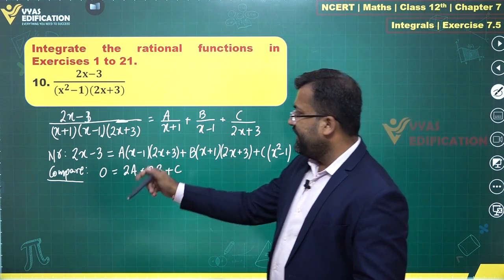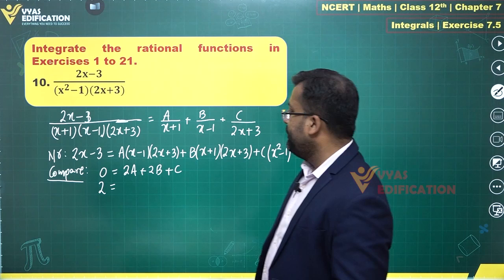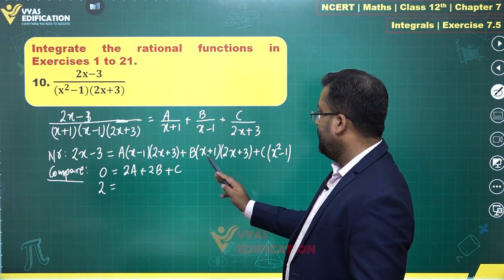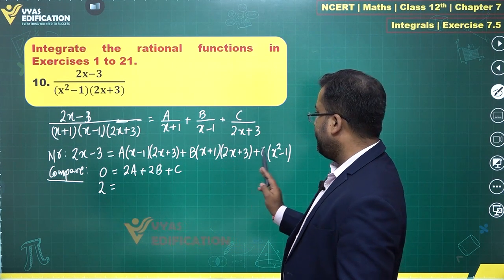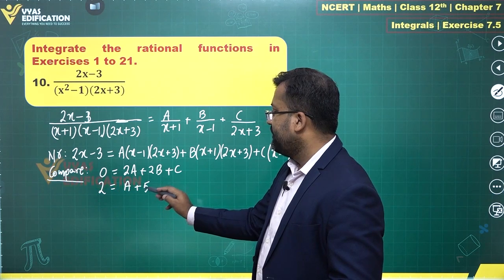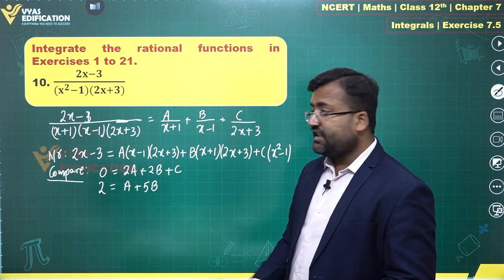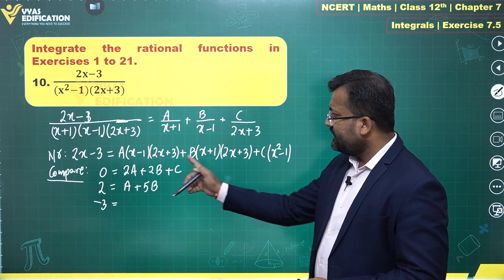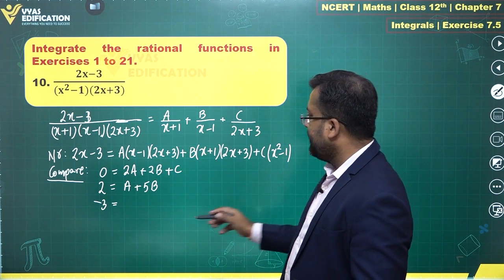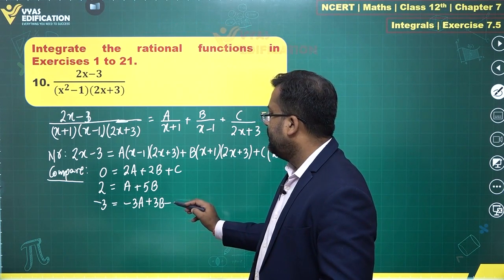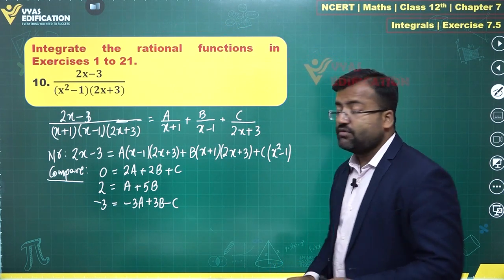The coefficient of x is 2 over there, which is equal to, you have 3x minus 2x, which is x into a x. You have 5x over here, 5bx, and there's no x from c. So there's a plus 5b. The constant term, which is minus 3 over there, is equal to minus 3a plus 3b minus c. Minus c. Is that what you get? Yes, that's what you get.